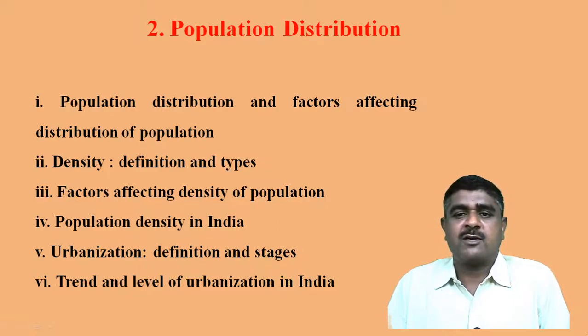This type of contrast we find in these two continents. Because of that, physical, social, economic and political factors have their influence on population distribution. As per space and as per time, the distribution of population is different.